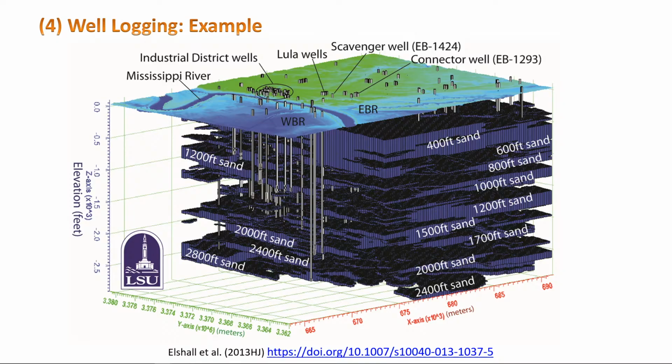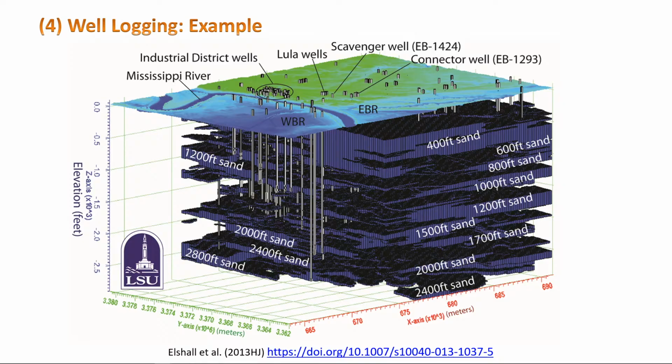So here you see these are the different sand units, and the blank ones are the clay. And these are basically the preferential flow paths where saltwater intrusion will occur. And these are different aquifer units. They are named by their depths.